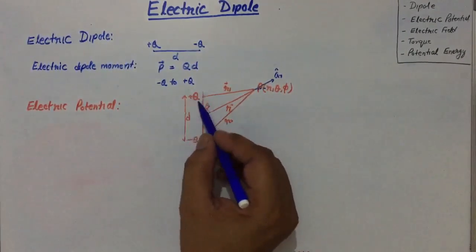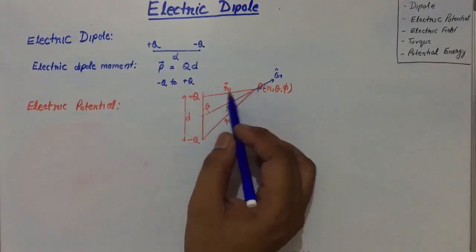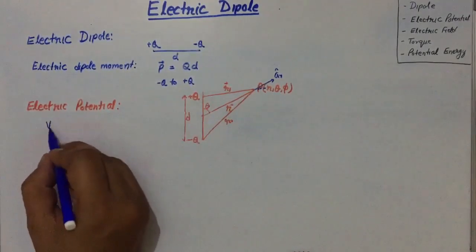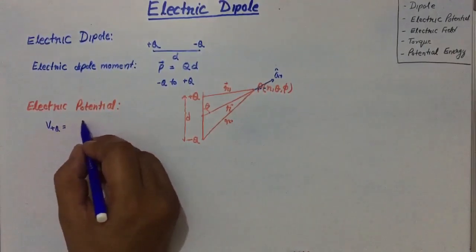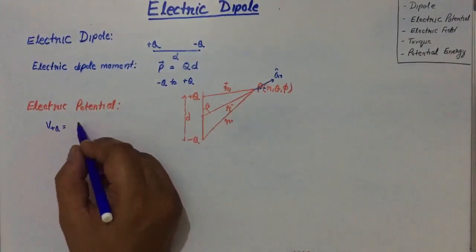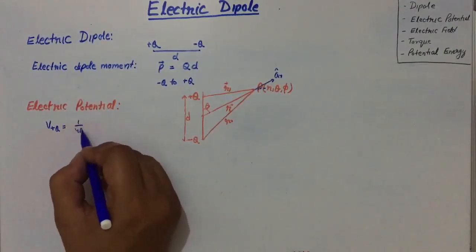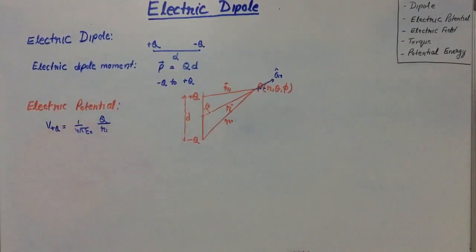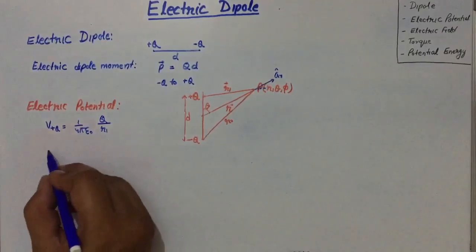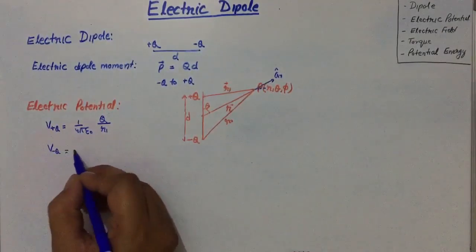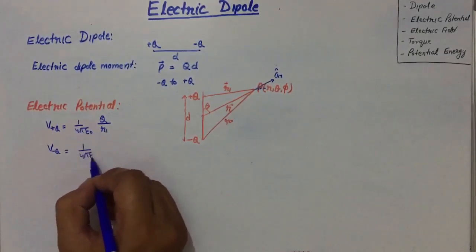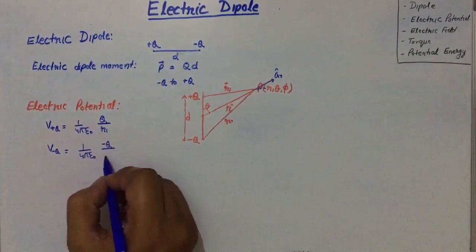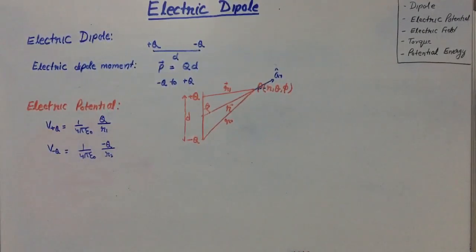If we consider only one charge, the potential at this point due to the positive charge, V plus, is KQ by r1, the charge over the distance between these two. Now V negative is minus KQ by r2. We have studied this already.